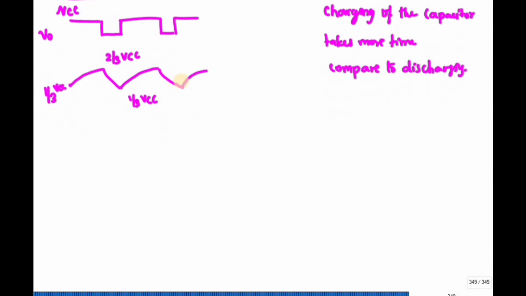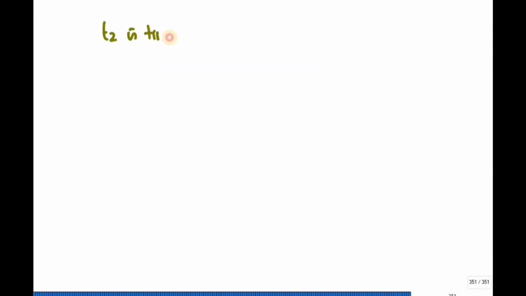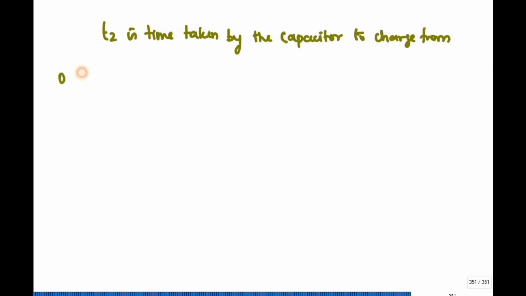First, let me write: T2 is the time taken by the capacitor to charge from 0 to 1/3 VCC.